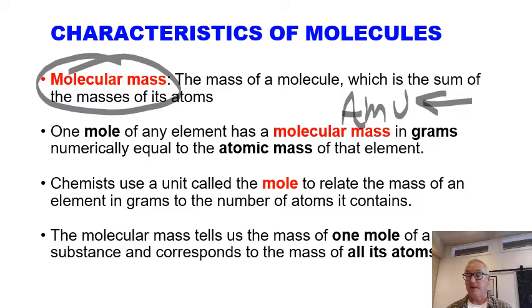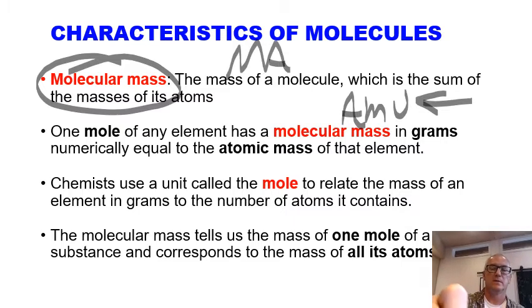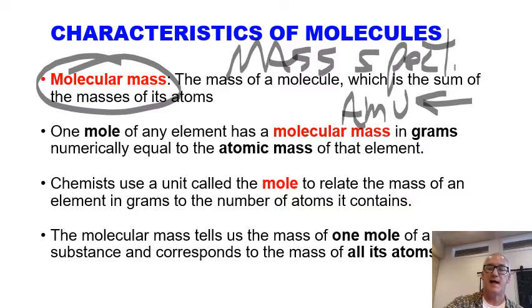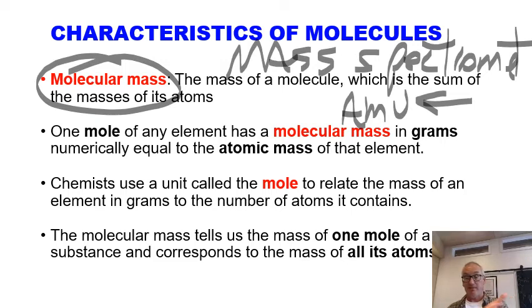That instrument is called a mass spectrometer, and it directly measures the mass of atoms. If we don't have an instrument that costs $1 million, we have a scale that we can afford that measures in grams. And so we use a unit called the mole that relates the AMUs, atomic mass units, to a gram that you can actually measure.